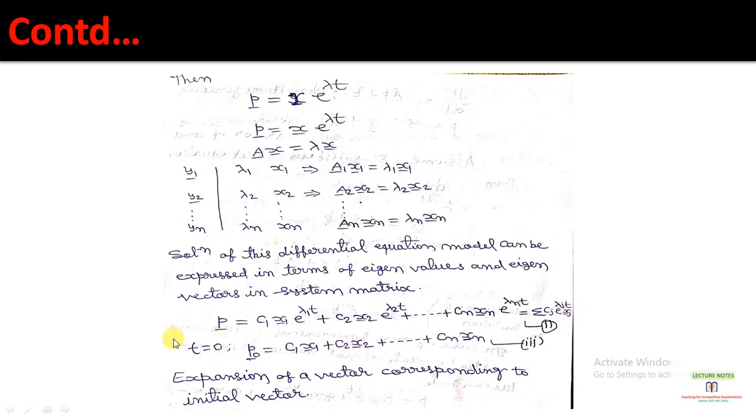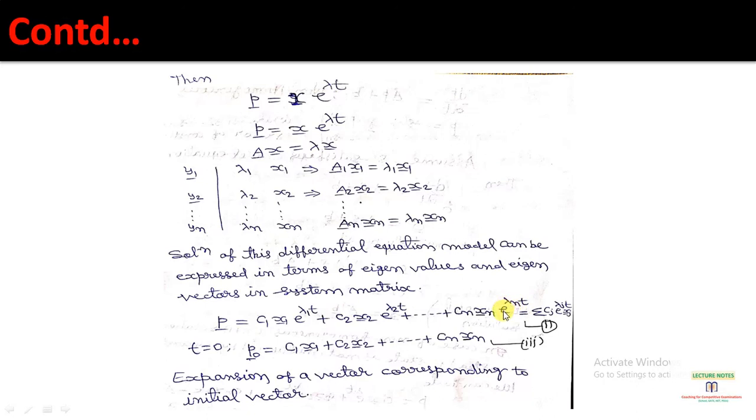Now when we apply the initial conditions, or initial value problem, then t equals 0. When t equals 0, p equals p naught equals c1 x1 and so on. If we put t equals 0 here, lambda 1 into 0 will be 0, so e to the power 0, and here also e to the power 0.